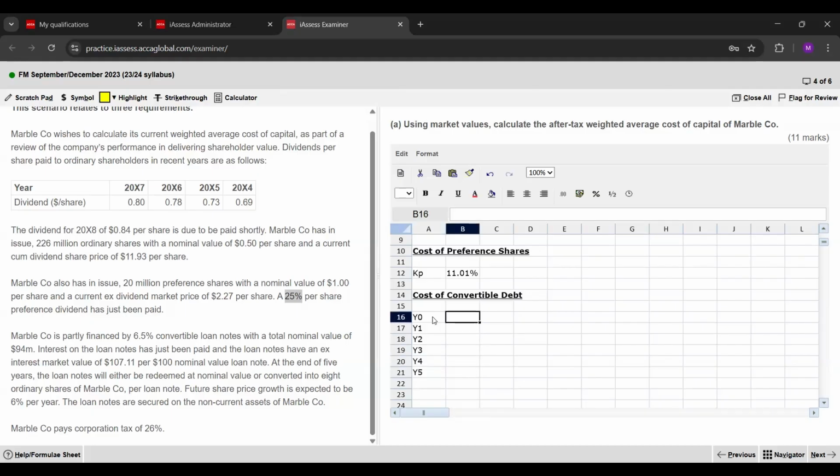So year one, what is the market value? How much are we paying? 107.11. In year one, the interest payment is $6.5 because it's a 6.5% loan note. But remember, we have to consider the post-tax interest payment, so into 1 minus 26%.